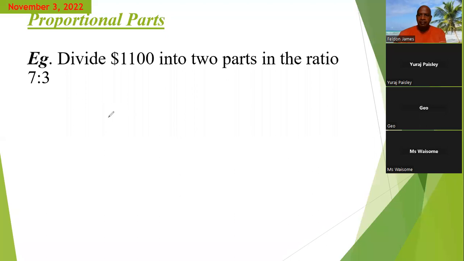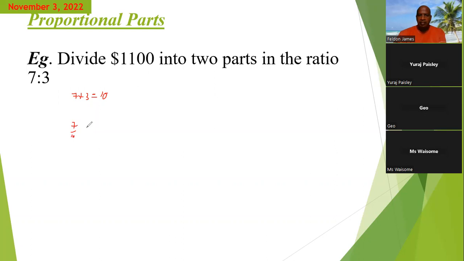All right, sir. What I did was to add the two ratios together. So 7 plus 3 would have given you 10. And then to work the first part of the ratio, which would have been the 7, I put 7 over 10 times 1,100 over 1. Then I did my canceling. So the 0 cancels 0, and then 7 times 110 would have given you 770.